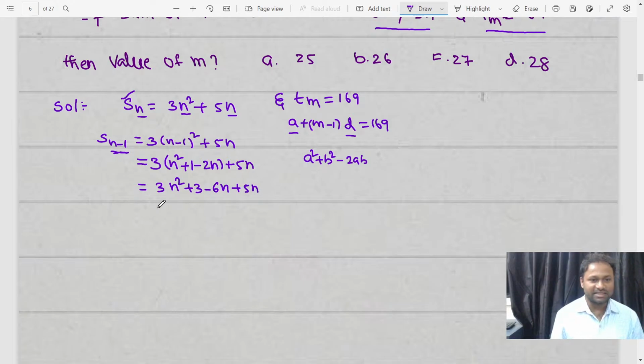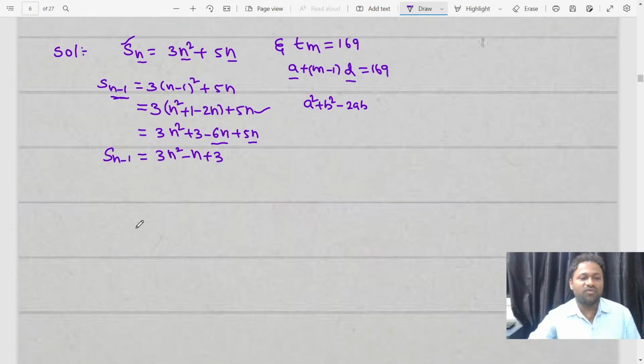Okay, next, that is equal to, some more simplification needed. 3n square minus 6n plus 5n, this will be minus n plus 3. Okay, let us check. 3 into n square plus 1 minus 2n plus 5n as it is. Now 3 multiplication, 3n square, 3 into 1, 3, 3 into 2, 6n plus 5n. 3n square, minus 6 plus 5 is minus 1, and plus 3. This we got Sn minus 1, right?